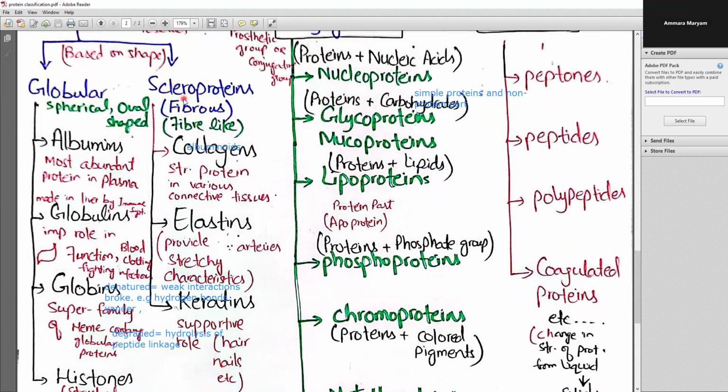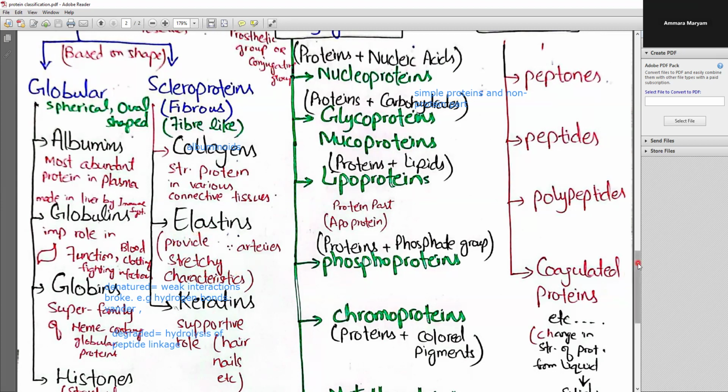If we go for the examples of the fibrous proteins, these can be collagens and elastins. Collagens are the structural proteins in the various connective tissues. Similarly, we have elastins that provide stretchy characteristics. For example, your arteries are stretchable, and this is because of the elastins.